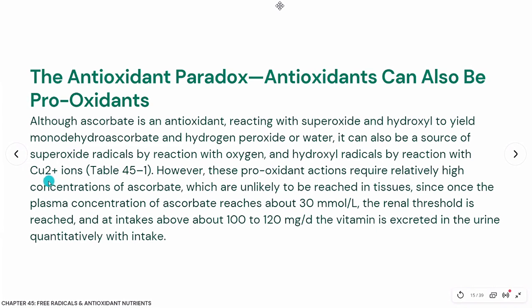See, this is free copper. However, these pro-oxidant actions require relatively high concentration of ascorbic acid, which are unlikely to be reached because we only need this one, and the rest are easily excreted in the urine. Okay.